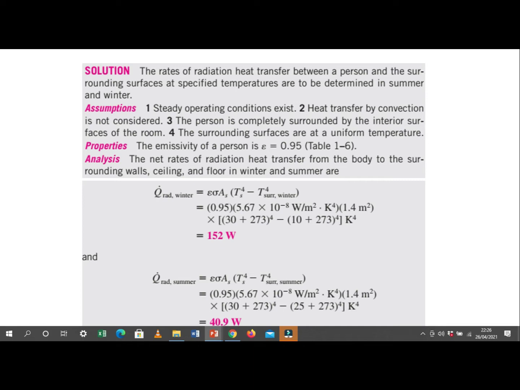So the property that you need is the emissivity of that particular person, and it can be taken from the table, that is equivalent to 0.95. So here comes the formula that we have studied in the previous slides.